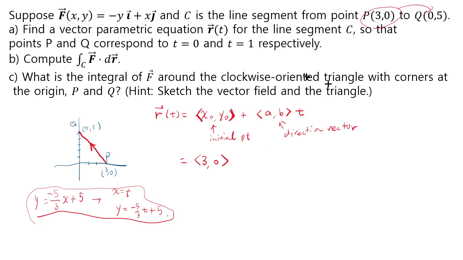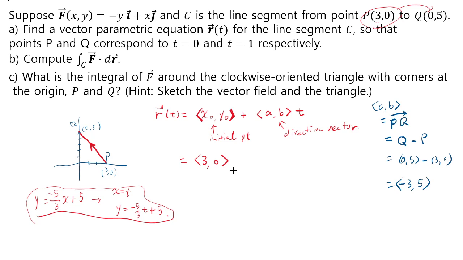And then to get a comma b, the vector a comma b is the vector PQ, right? Because the line is from P to Q, the direction of the line will be the vector PQ. And whenever you want a vector connecting 2 points, it's always terminal minus initial, so the terminal is 0, 5, whereas the initial is 3, 0, which gives negative 3, 5.